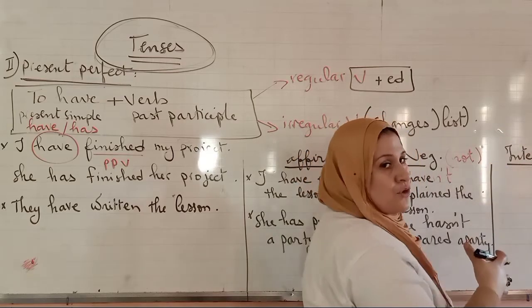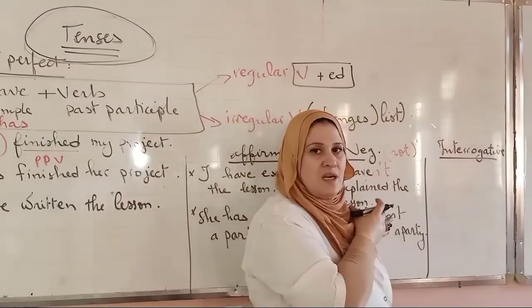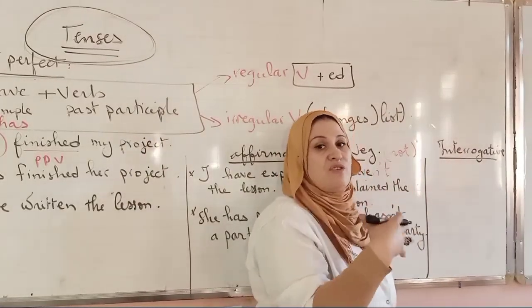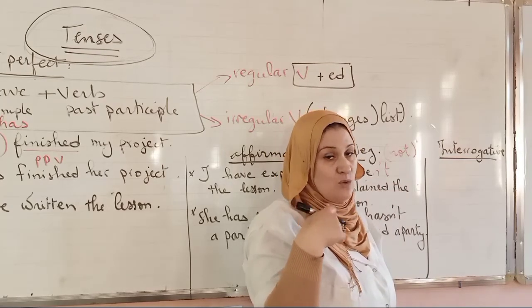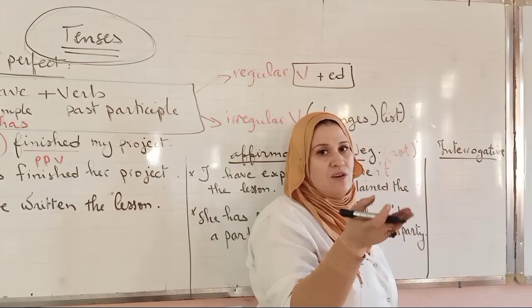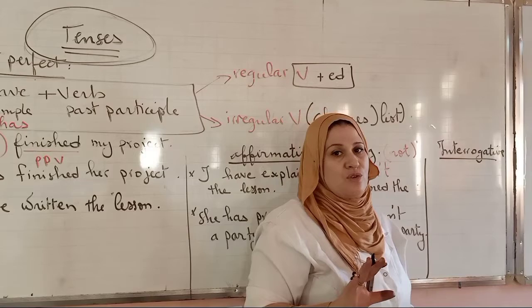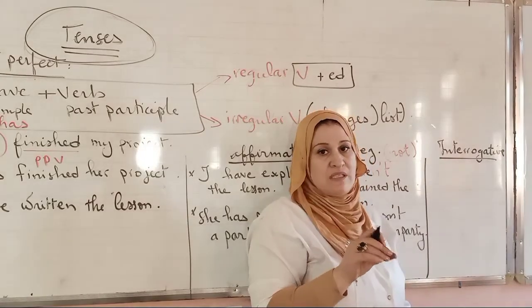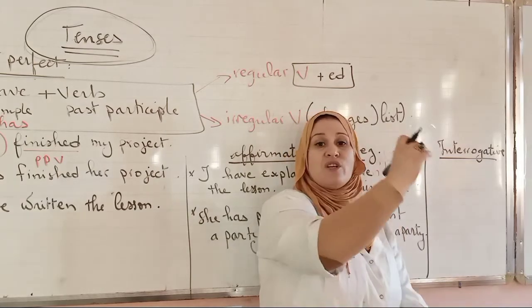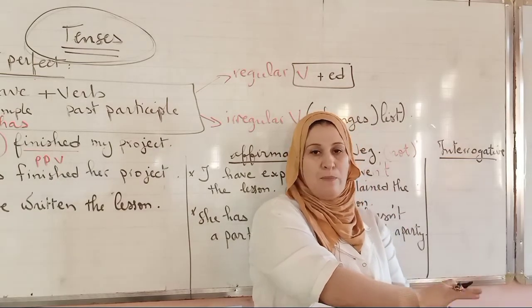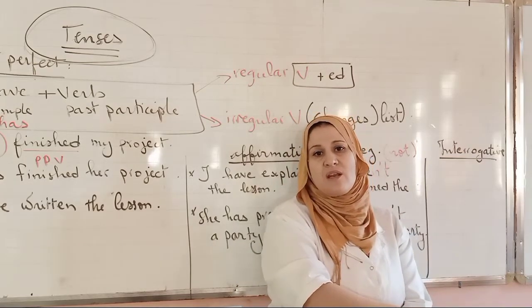We go to the question form or the interrogative form. In the question form, I don't use the auxiliary to do. Here, with the auxiliary to have in the perfect tenses, either present or past, I don't use the auxiliary to do. I keep the auxiliary used in the sentence. So here I have and has. I keep it. I reverse it with the subject. I apply the rule of asking a question, which is to reverse the subject with the verb.